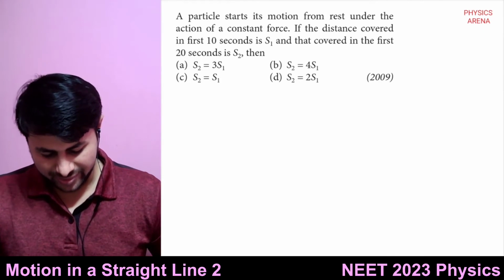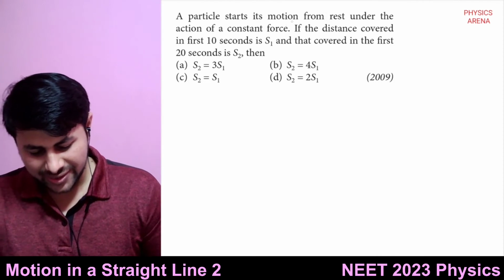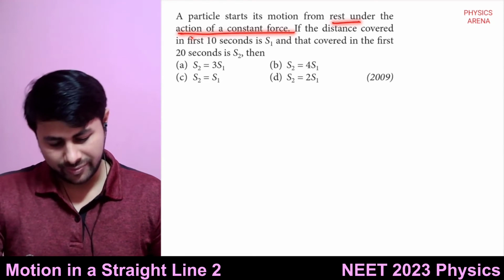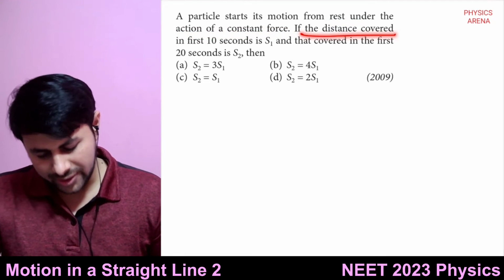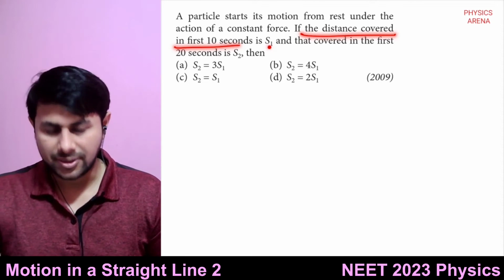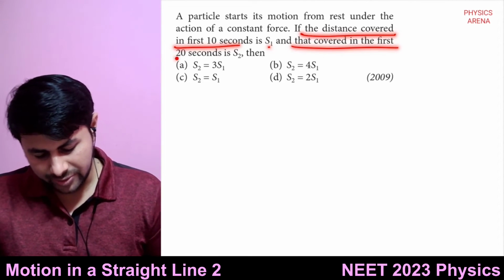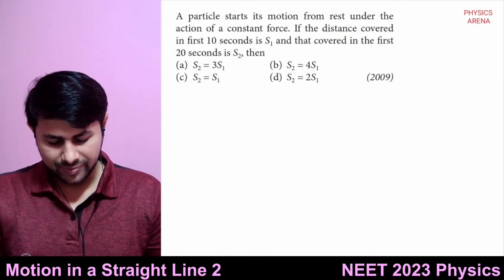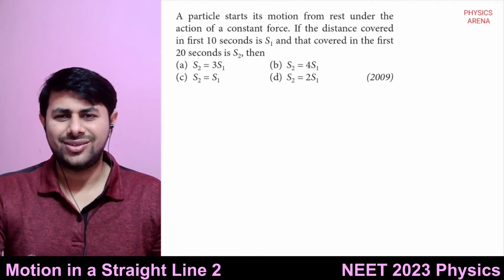Next problem. A particle starts its motion from rest under the action of constant force. If the distance covered in first 10 seconds is s1 and that covered in first 20 seconds is s2, then tell me what will be the ratio?